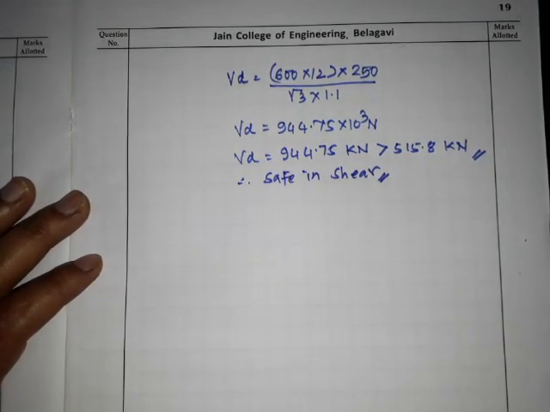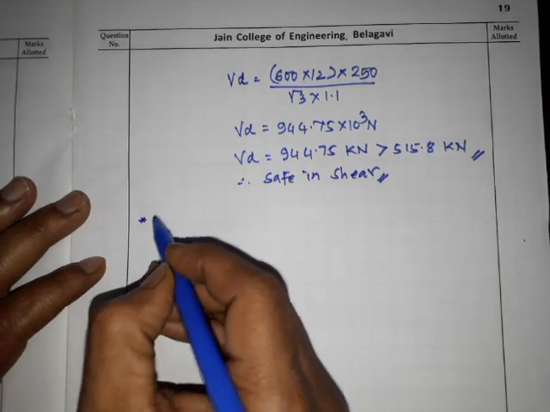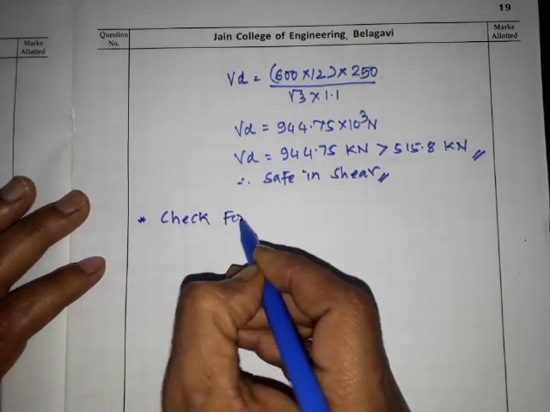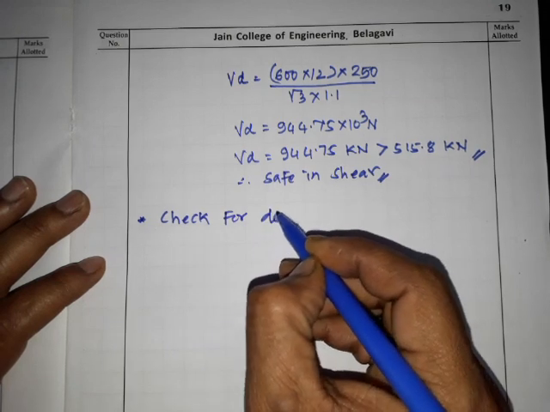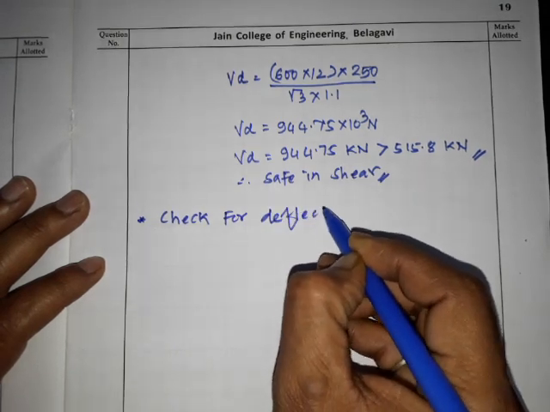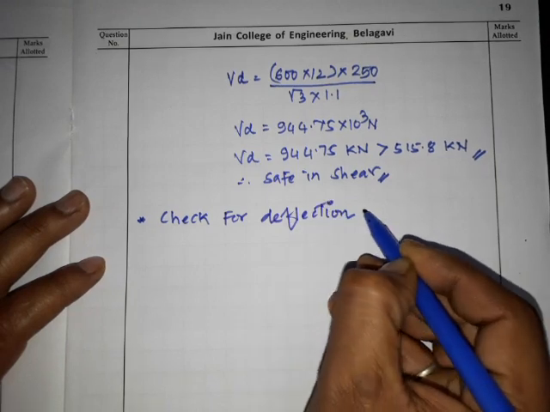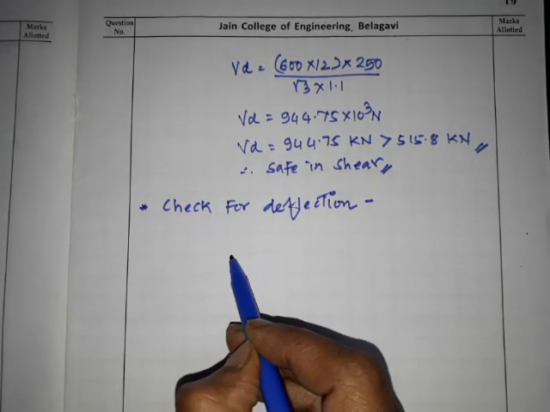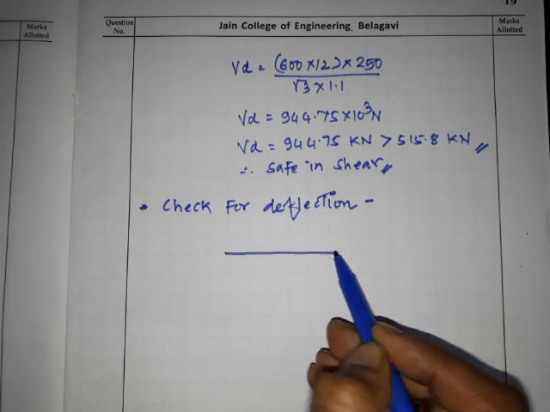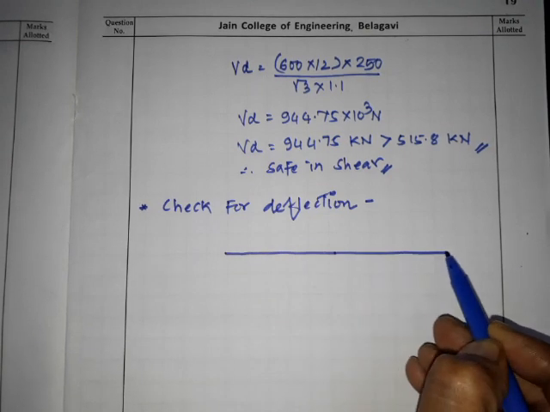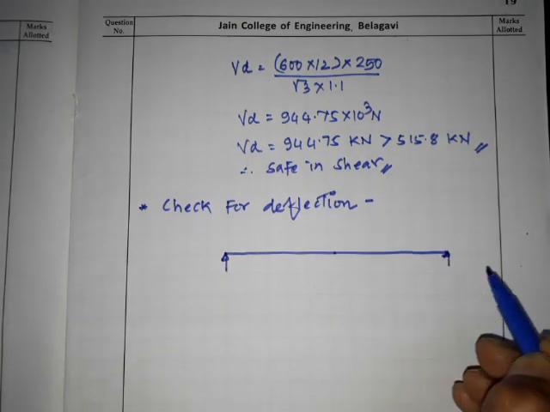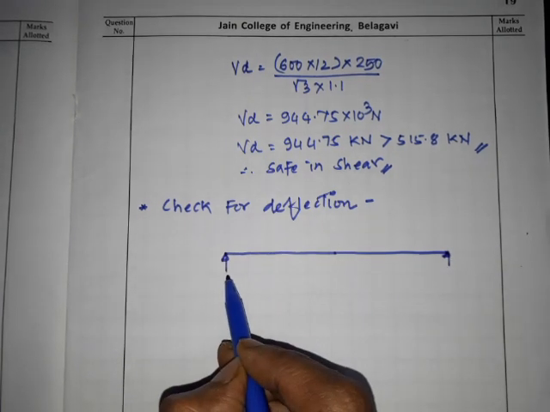Okay, so after the shear check, you have to go for check for deflection. So the deflection will be maximum in the gantry girder. We have the gantry girder for a span of 7 meter.